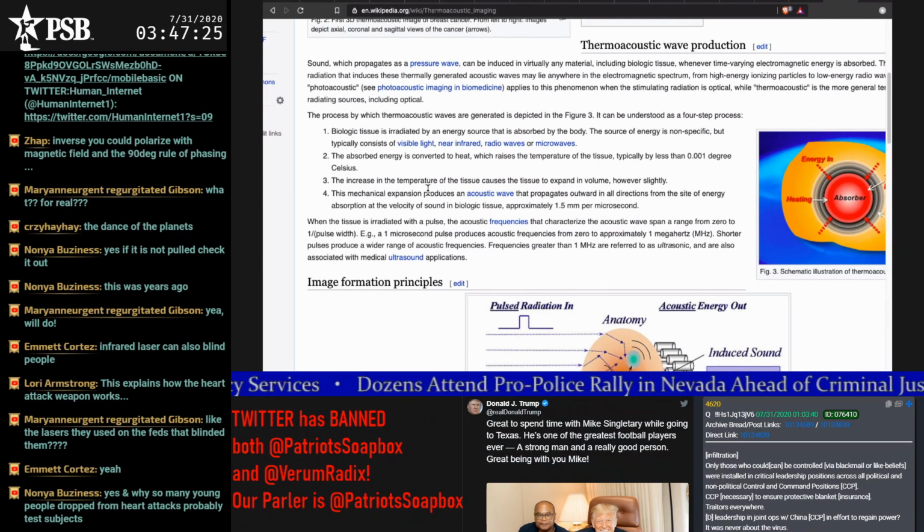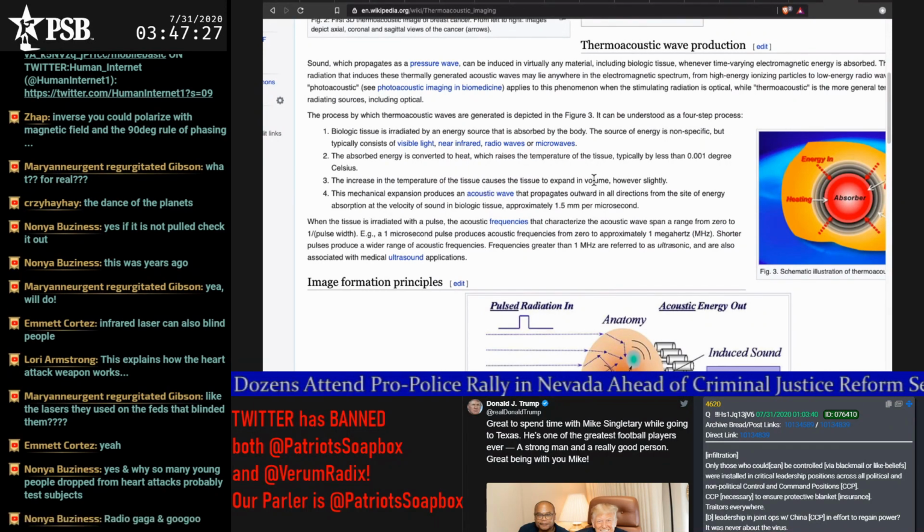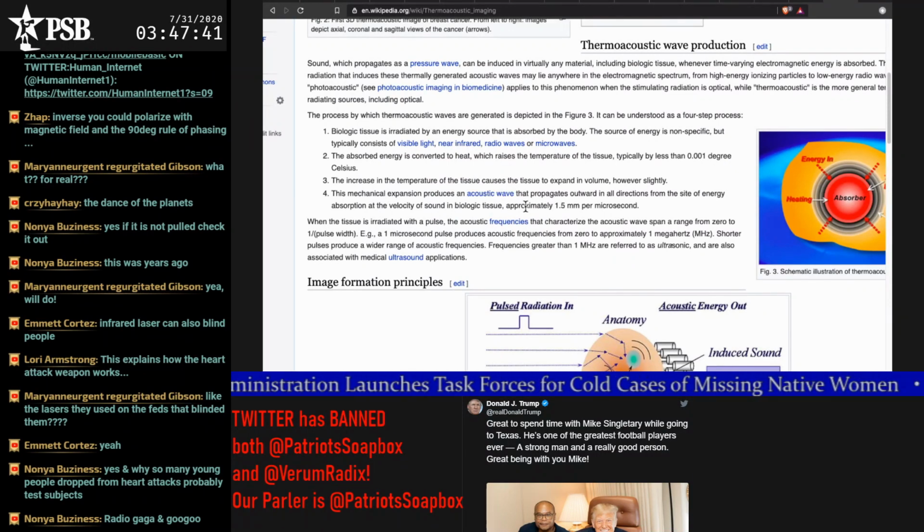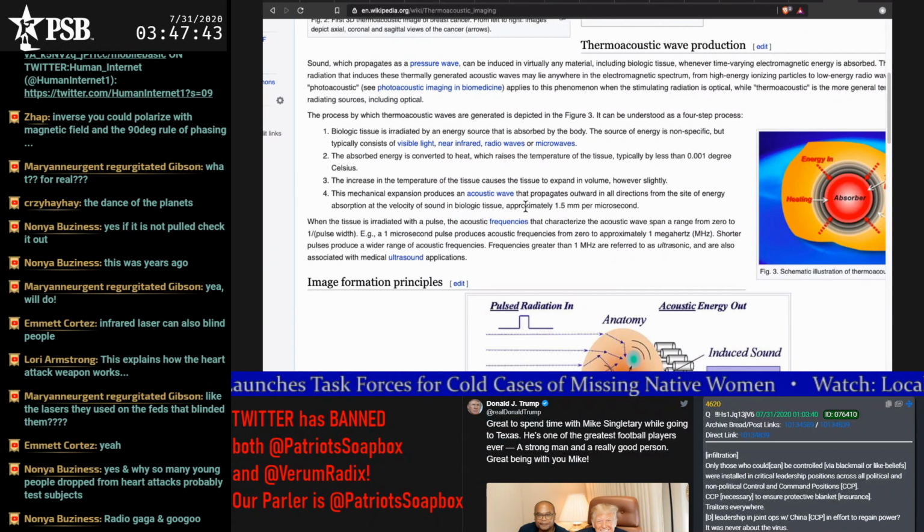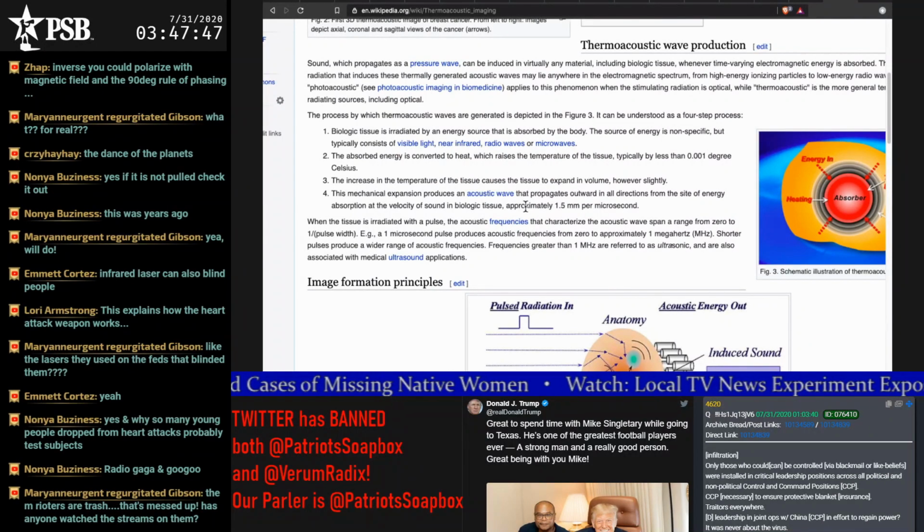The increase in the temperature of the tissue causes the tissue to expand in volume, however, just slightly. This mechanical expansion produces an acoustic wave. Oh, sonic radiation, I think was the term they used in that patent, to do things like change your epigenetics and your phenotypic expression of cells, as well as change your cognitive state, how focused you are, relaxed you are, what brainwave state you're in: alpha, beta, theta, delta.